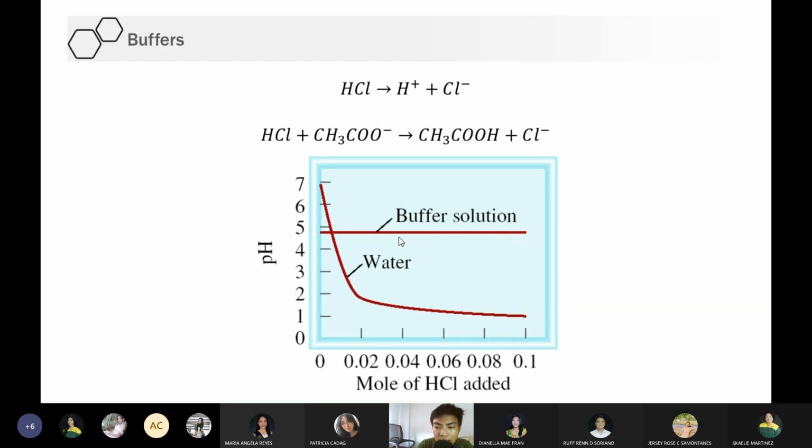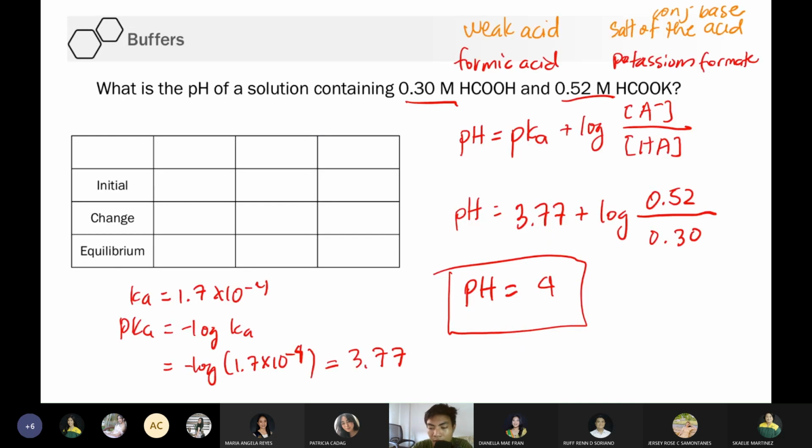Hindi siya ganun kalaki yung changes niya. Okay? So, ito yung concept ng titration actually. So, ganun lang. So, that's how we use the Henderson-Hasselbalch equation. As long as you know the concentrations of your acid and your conjugate base, you can get the pH of the solution.